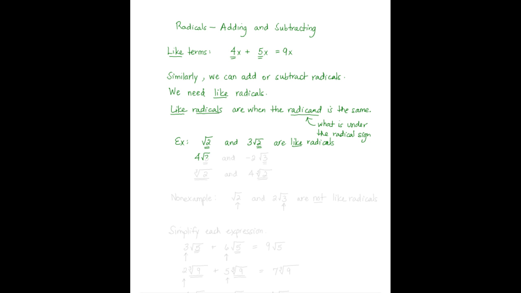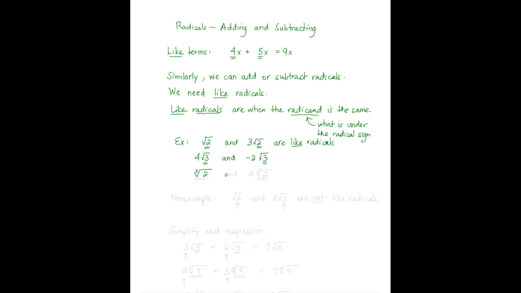Another example would be 4 square root of 3 and negative 2 square root of 3. These are also like radicals because the radicands of 3 are both the same. We can do this also with cubed roots.